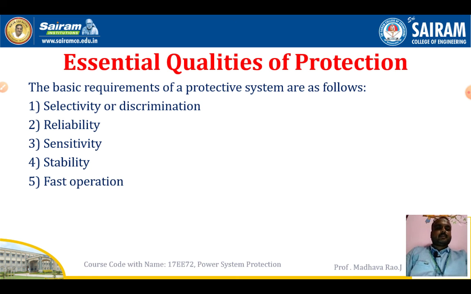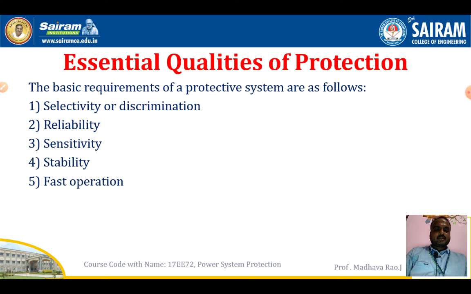Next one, fast operation. Fast operation means it should operate very fast. Whenever any fault occurs, either symmetrical or unsymmetrical, the faulty part should be isolated from the healthy part very quickly. That is called fast operation.